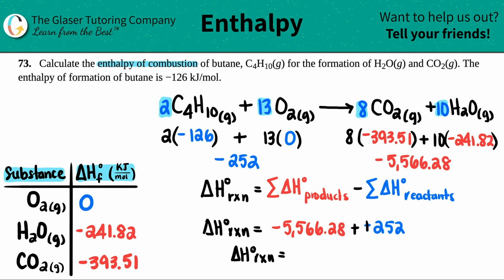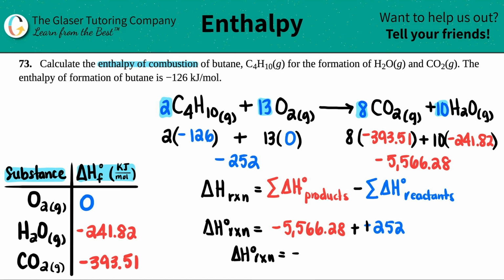And let's see, the delta H for the reaction is. So let's see what we get. All right, so negative 5,566.28 plus 252. And we get a negative 5,314.28. And remember, right, delta H is kilojoules per mole, but hold the phone.